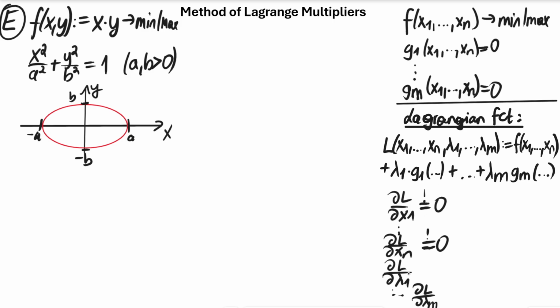But if you compute the partial derivative of the Lagrangian with respect to the variable lambda 1, you see there is no lambda 1 in f, and the derivative of lambda 1 is 1. So what remains is just g1 of x1 up to xn. And you also set this to 0.